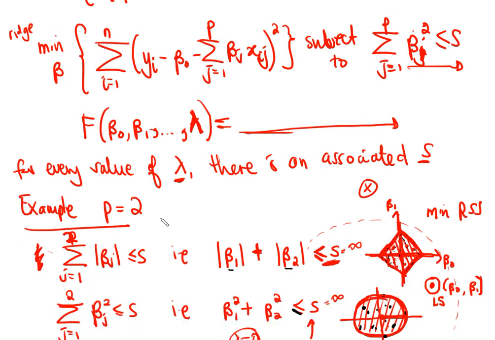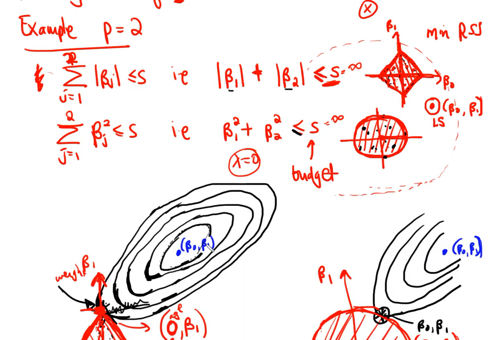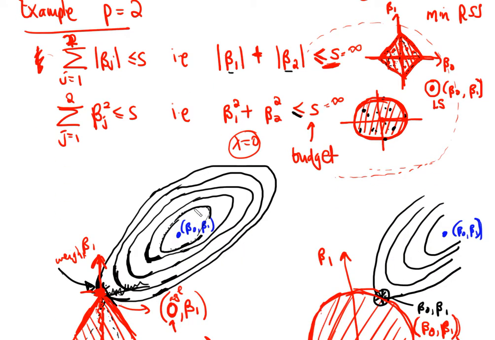That's exactly what we did here. We're patiently increasing our RSS. RSS is laughing, saying, yeah, it's increasing. But now we knew that as soon as we create a contour line that just touches our boundary, those are the betas that we are looking for.